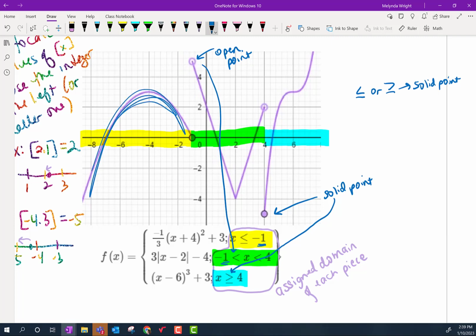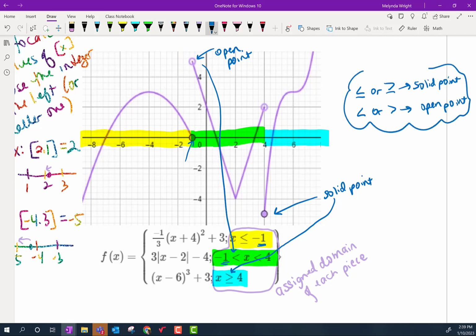The ones inside here are solid. The only one that has a chance of being solid or open is the ending point of the domain. If it's just less than or greater than, then we're looking at an open point. That's a little bit of a review on piecewise functions. Any questions on piecewise functions?